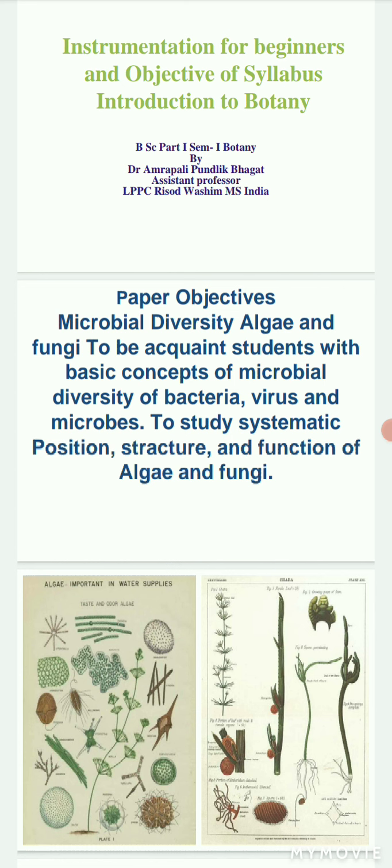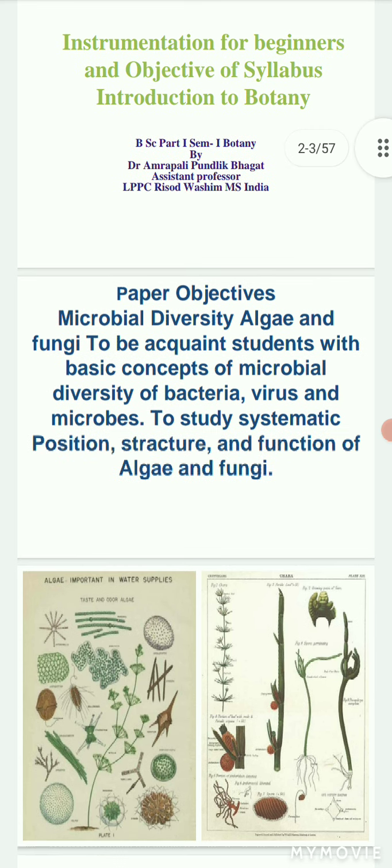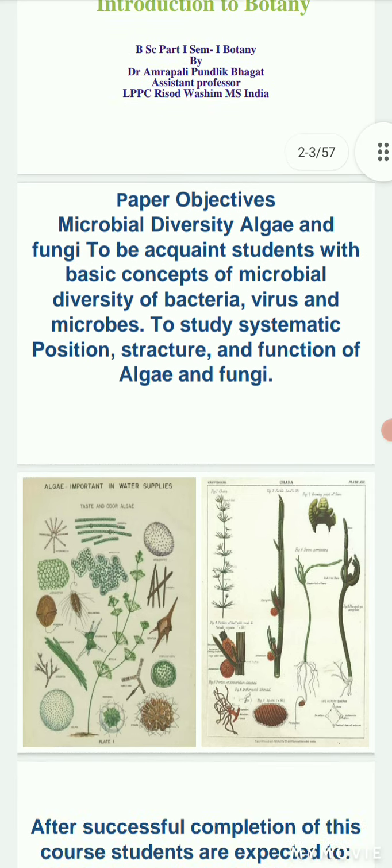Within this you will be studying the systematic position, structure and function of algae and fungi with other higher plants, that is bryophyte, pteridophyte, gymnosperm and angiosperms. So one by one we see this.